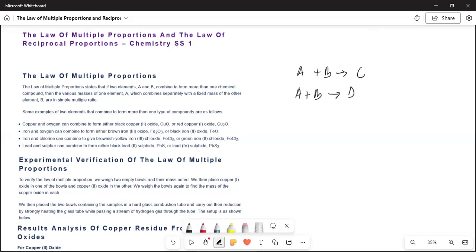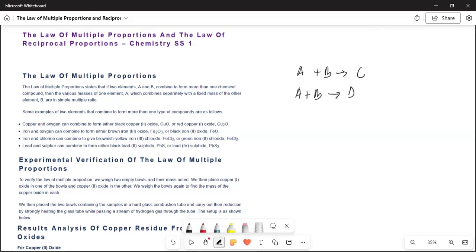So we are going to use the same setup to verify this law. By reducing copper 1 oxide to copper residue, we also reduce copper 2 oxide to copper residue, and then calculate the amount of copper that is found in both oxides, that is copper 1 and copper 2 oxide, respectively, to see if they are actually in a simple multiple ratio according to this law.